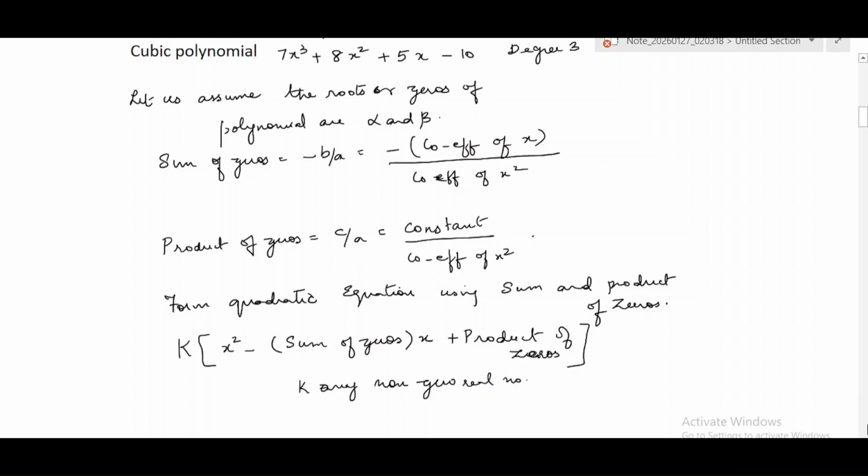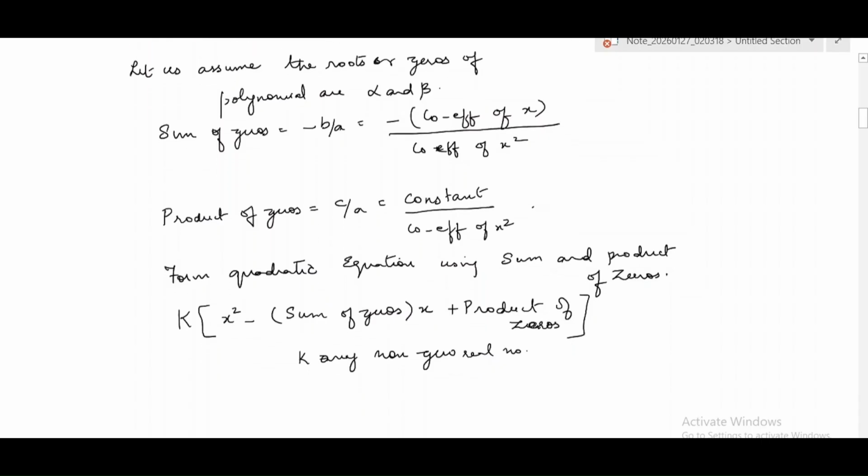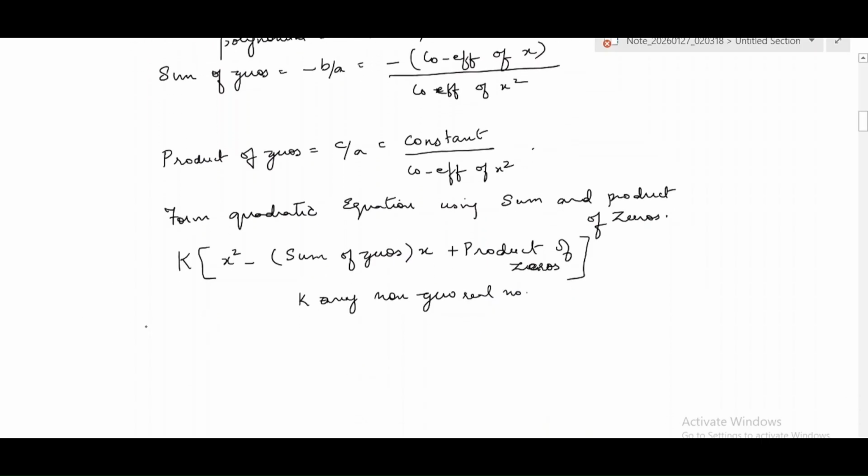Okay, so I'll just give you a small example. Suppose they give sum of zeros is equal to minus 5, product is equal to 10. How will you form the equation? So we'll put minus 5 here and 10 over here, that's all.